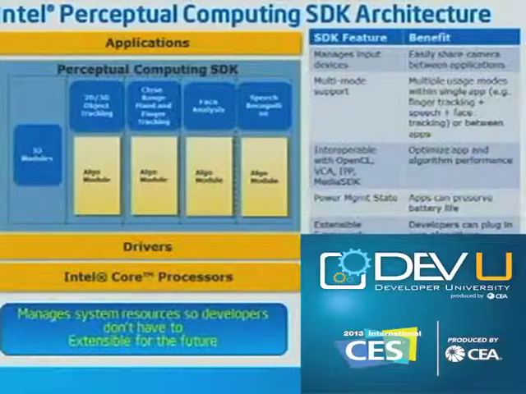Another important aspect of the SDK is that it exposes the power management state of the PC it's running on to the application. As you can see, the camera is small and you can easily carry it around with you. We're working on integrating the camera into laptops and all-in-ones in the future.